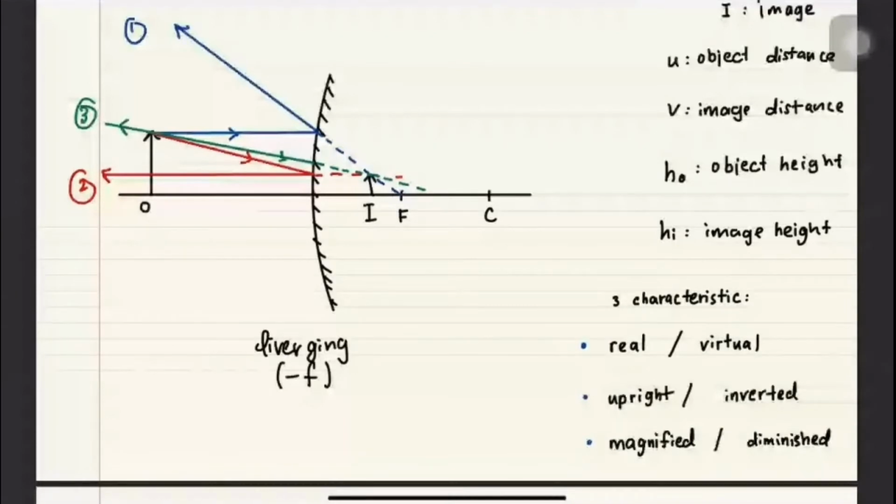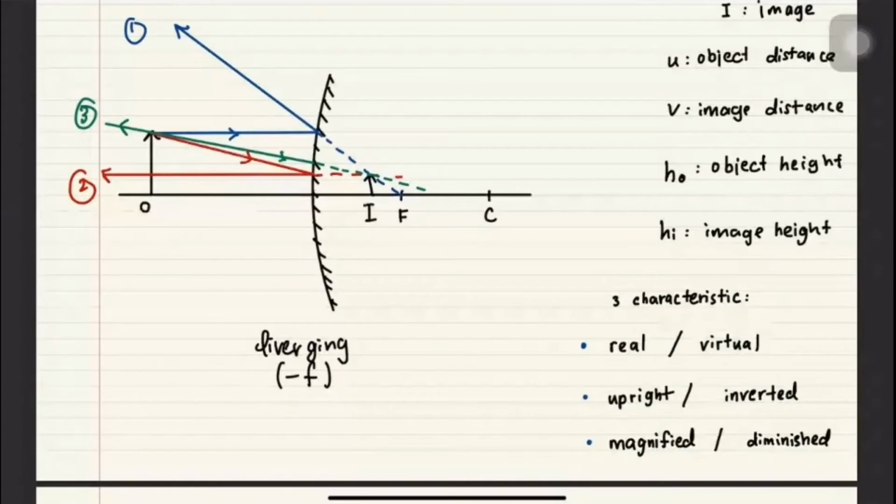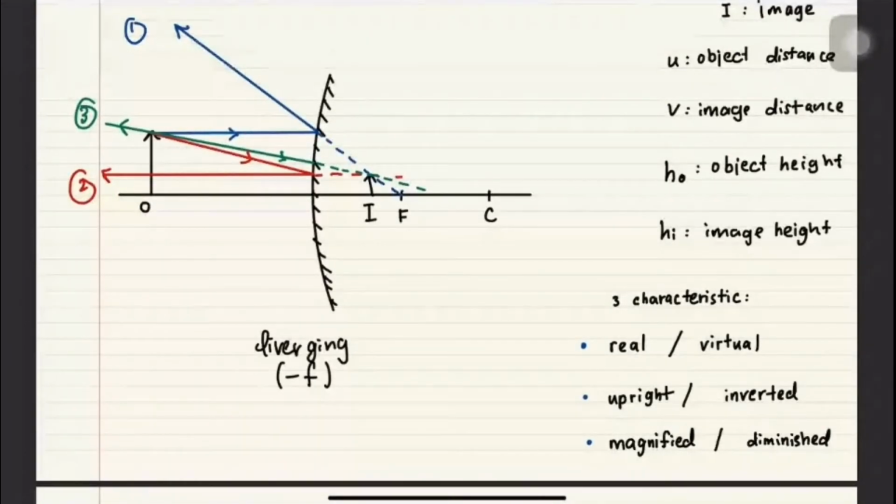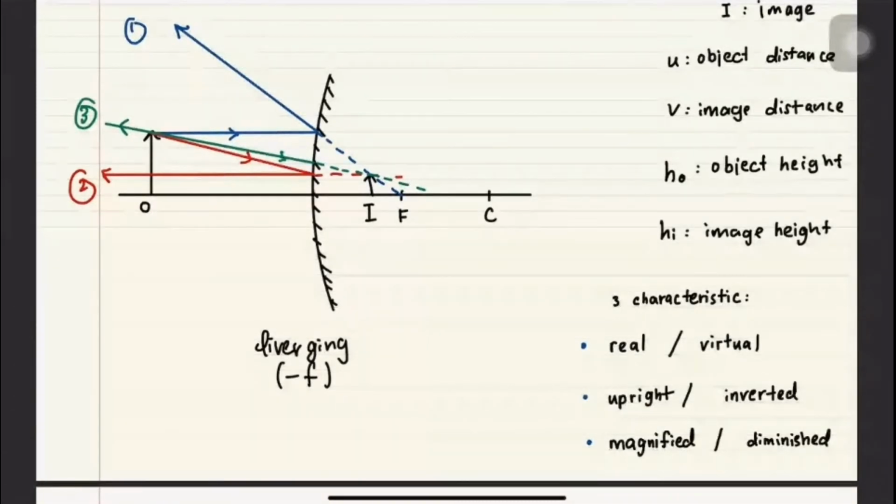Okay, for the first characteristic, real or virtual, you have to ask yourself about the behavior of a mirror: will it reflect the light or will the light pass through? When light hits a mirror surface, will it be reflected or pass through? Does it go inside or bounce back? It bounces back, right? A mirror must reflect back.